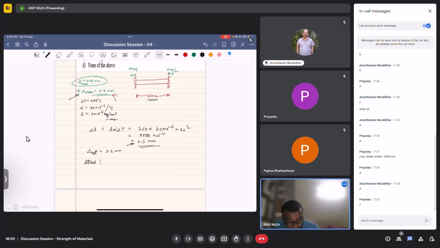Stress would be generated in the system to account for it.